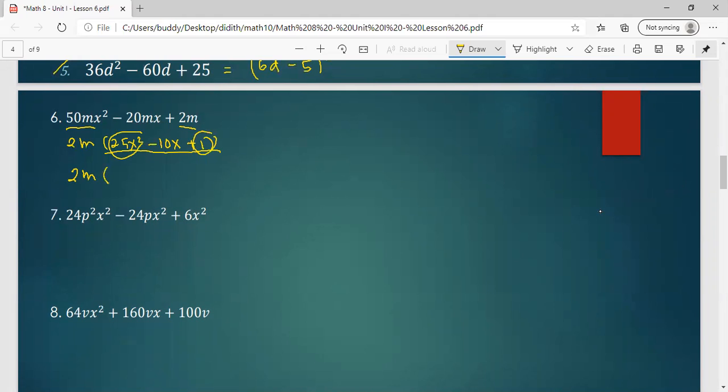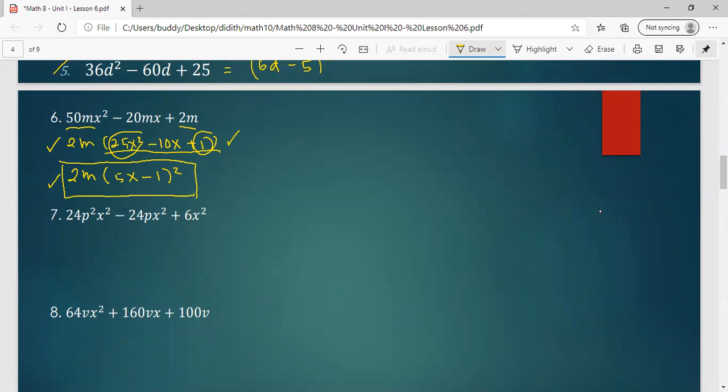So this is quantity, square root of 25x squared, 5x, minus the square root of 1, quantity squared. So these are the factors. Never ever forget to place the GCF as the final factor. And if this is your final factor, this will be marked wrong, because again the second factor is still factorable. So this must be your final factor.